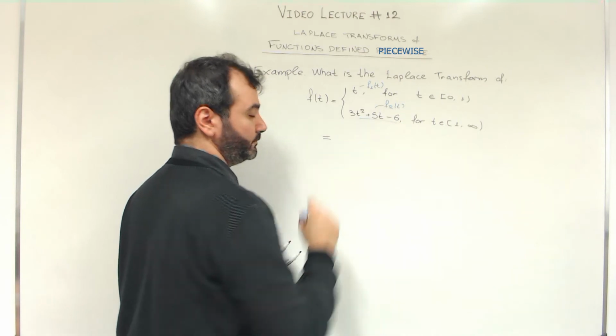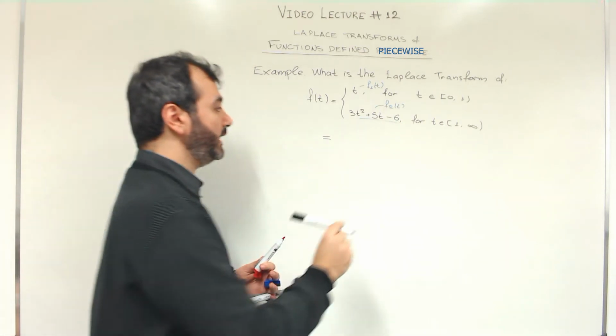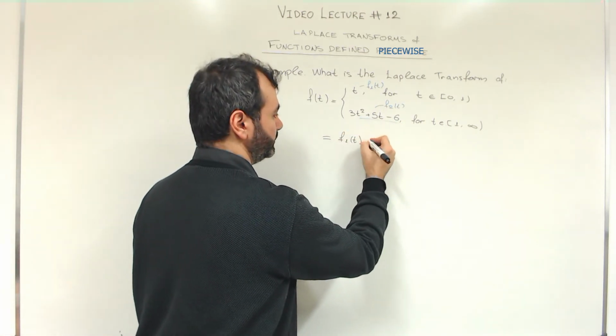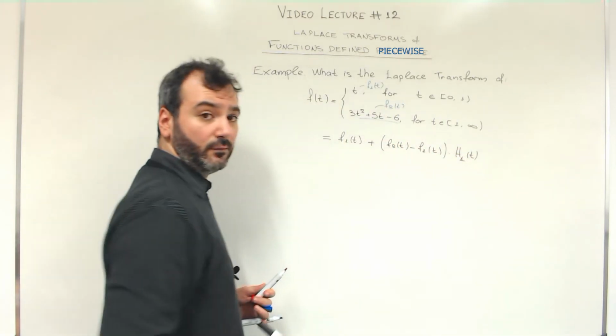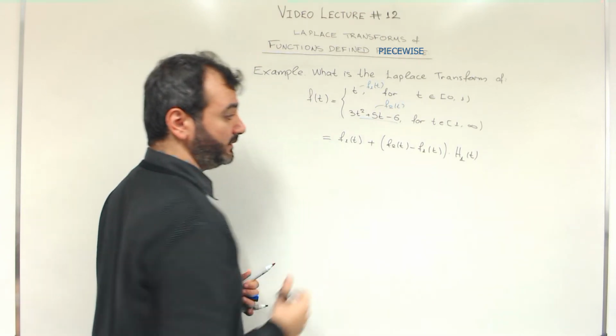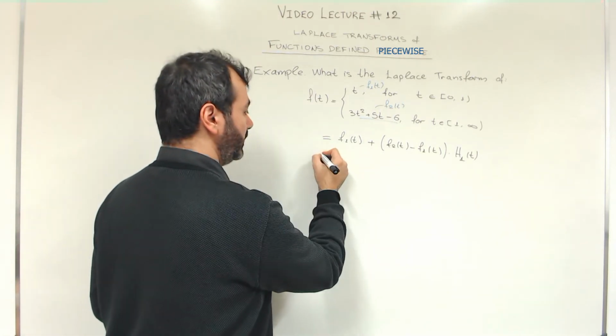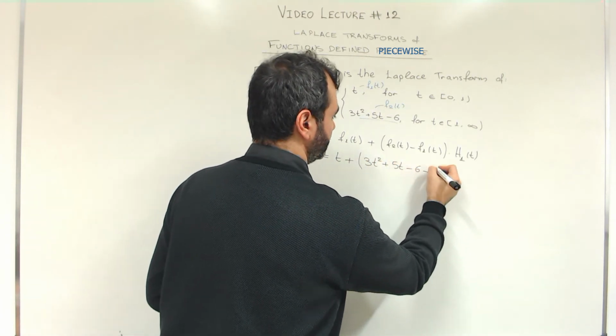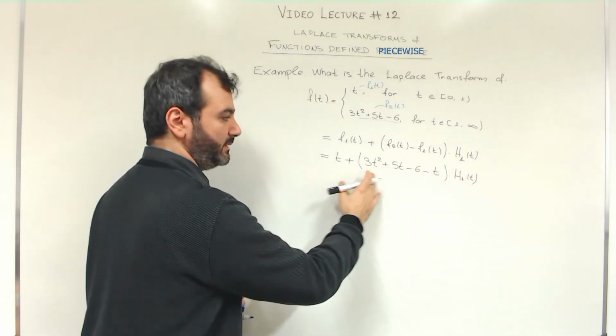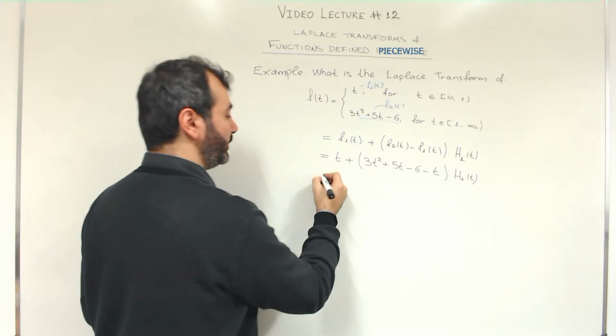We can write f as f1 plus f2 minus f1 times the Heaviside function with parameter 1. Now this is equal to t plus, let us simplify the expression in the parentheses.